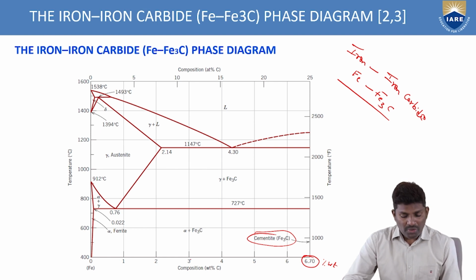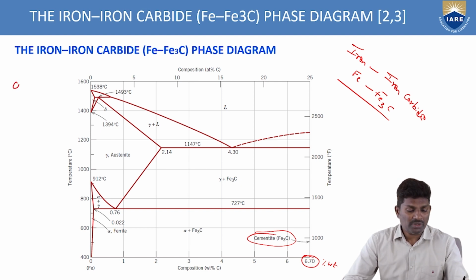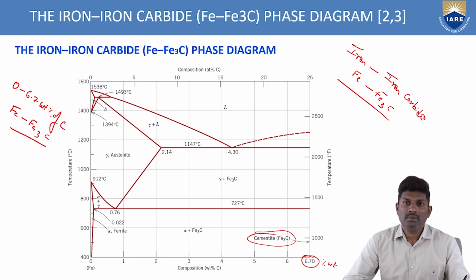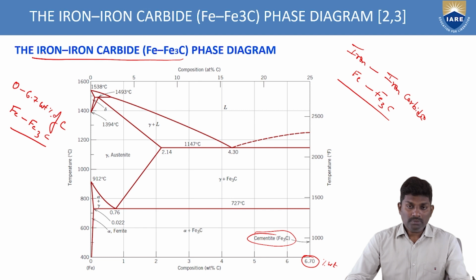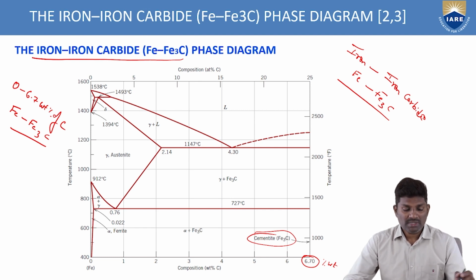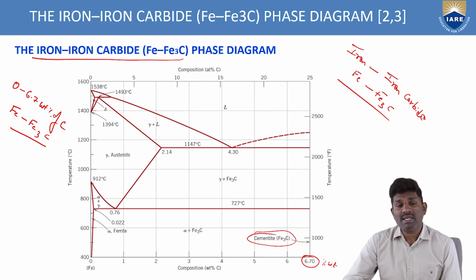So from 0 to 6.7 weight percentage of carbon, we are getting the iron to iron carbide conversion. So that's why we are stopping this diagram at 6.7 weight percentage of carbon.